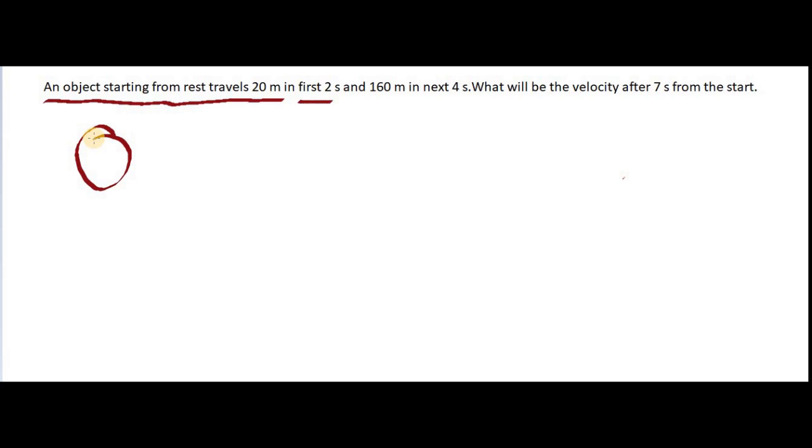It started from rest and it travels 20 meters. In how much time? We have been given the time as 2 seconds, right? So this is our first part of the question.